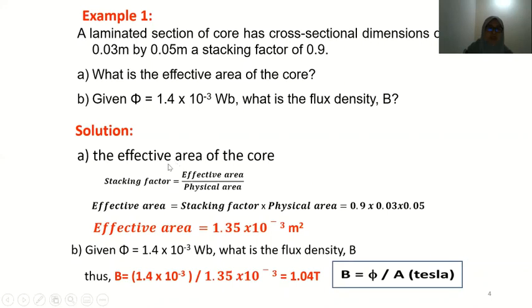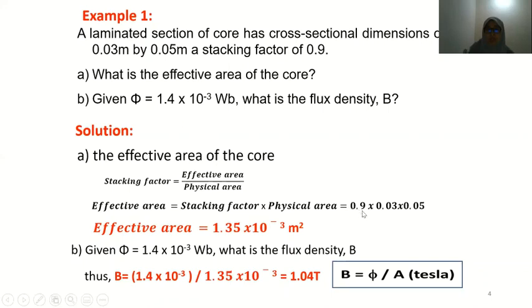Using the formula given before, the stacking factor is equivalent to the effective area divided by the physical area. Thus, you rearrange this formula, so the effective area is equivalent to the stacking factor times the physical area.